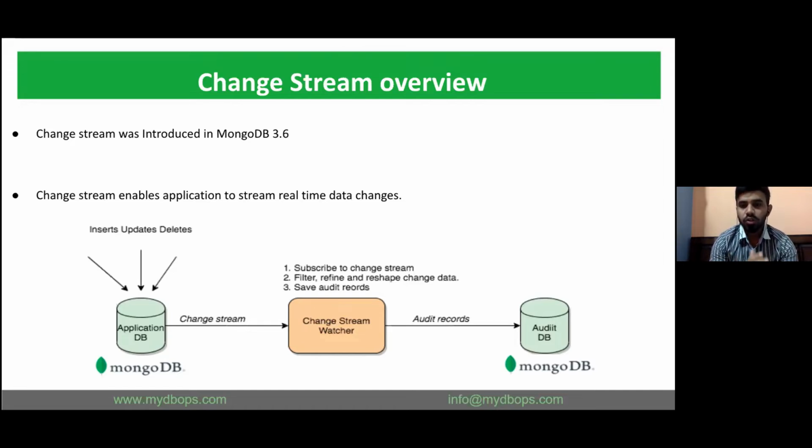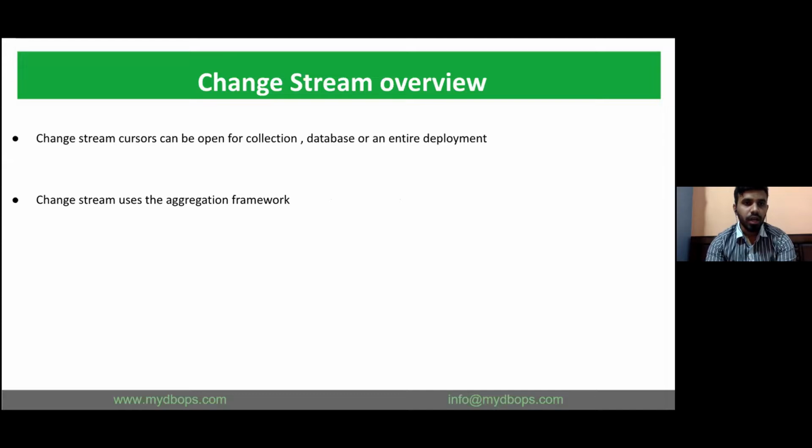All these records can be stored in an audit DB. This is one beautiful feature given by MongoDB. Change streams can be applied to a collection, a database, or an entire deployment. That means you can enable change stream on a collection, a database, or an entire deployment.